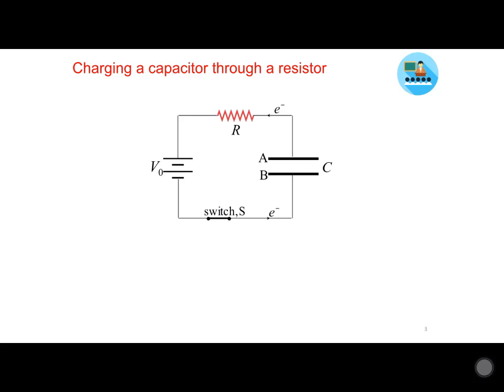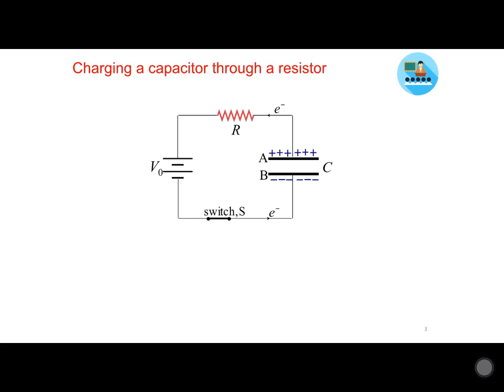And once the current flows, the electrons will start to flow out from the negative terminal of the battery and accumulate on the plate B of the capacitor, as you can see on the plate B. And then the electrons will flow into the positive terminal of the battery through the resistor R, leaving positive charges on the plate A.